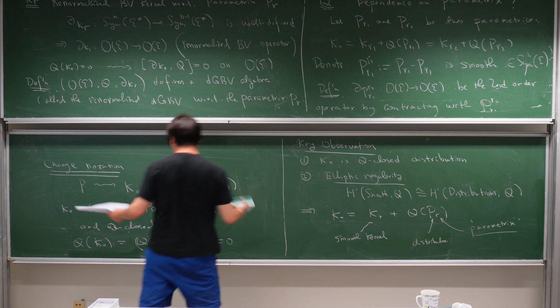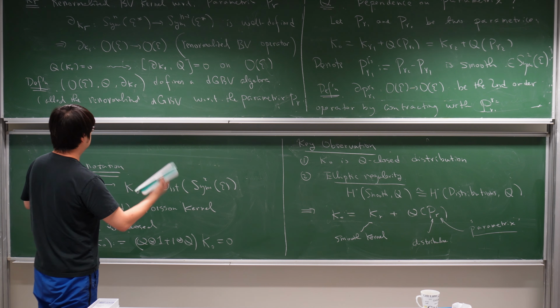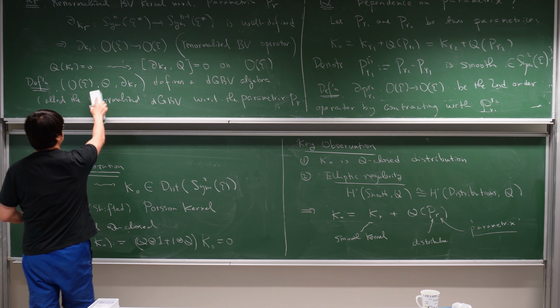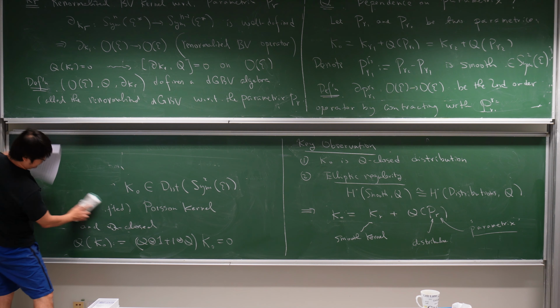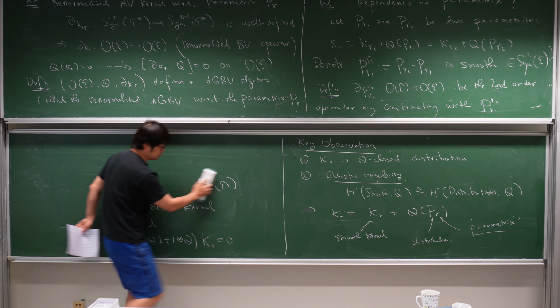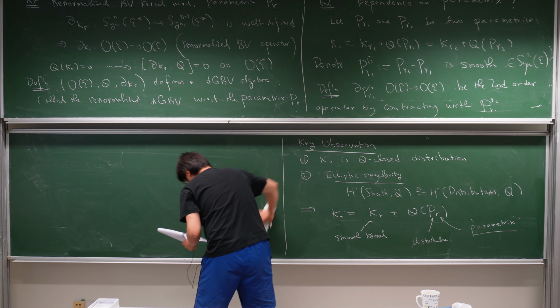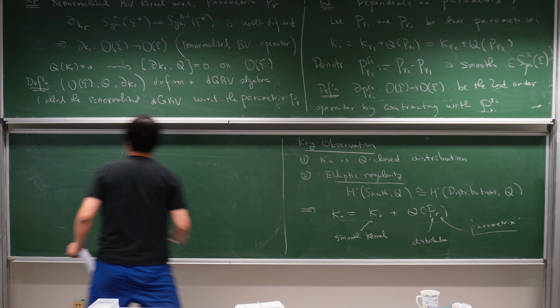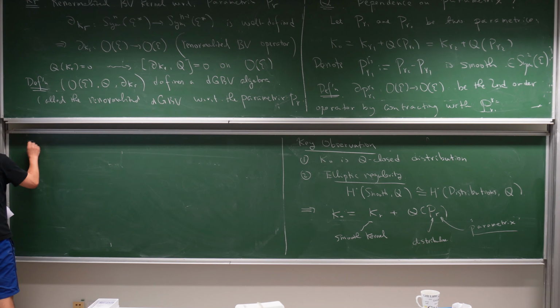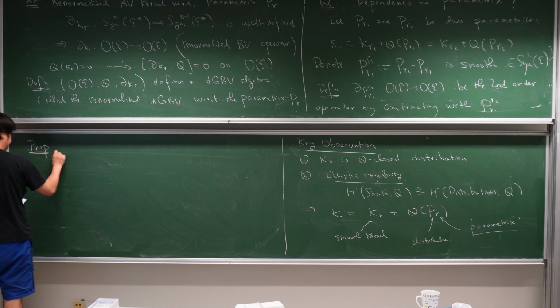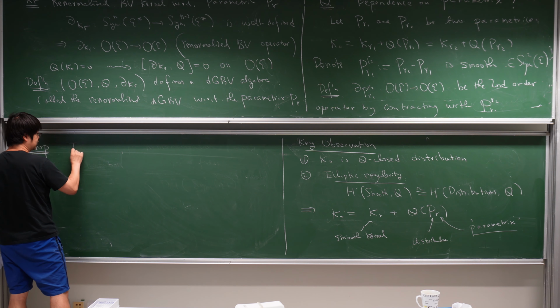Now let me tell you the real dependence of this DGBV algebra on the different choices of the parametrix. It's given by the following proposition. The following diagram commutes.